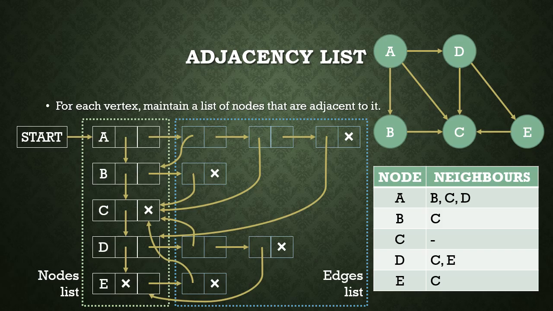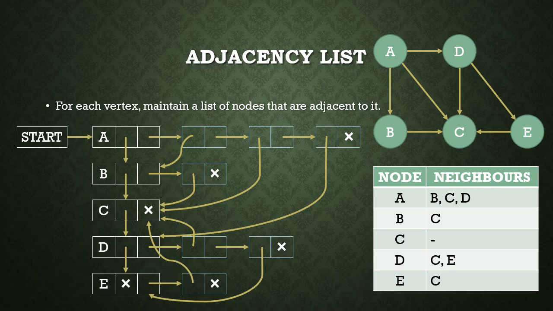Now this is my edges list. I have stored all the nodes of the graph. I have stored all the edges of the graph. And this structure is called the adjacency list for the graph that has been drawn on this slide.